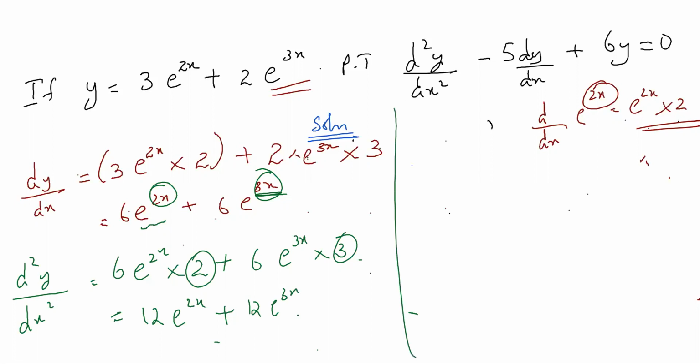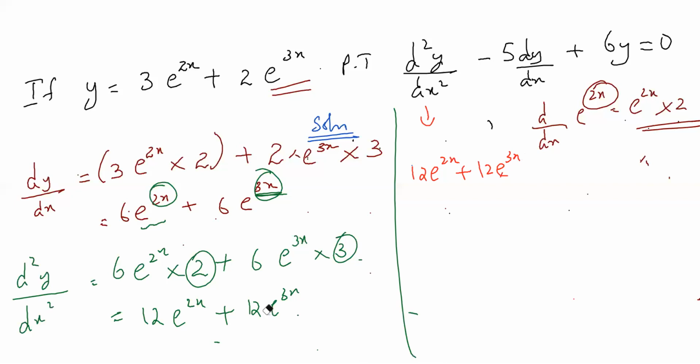Now coming to the question here. I'm just going to substitute this value. d square y by dx square. What is the value? 12 e power 2x plus 12 e power 3x. Am I correct? Oh, so 6 into 3 is 18, not 12, guys.